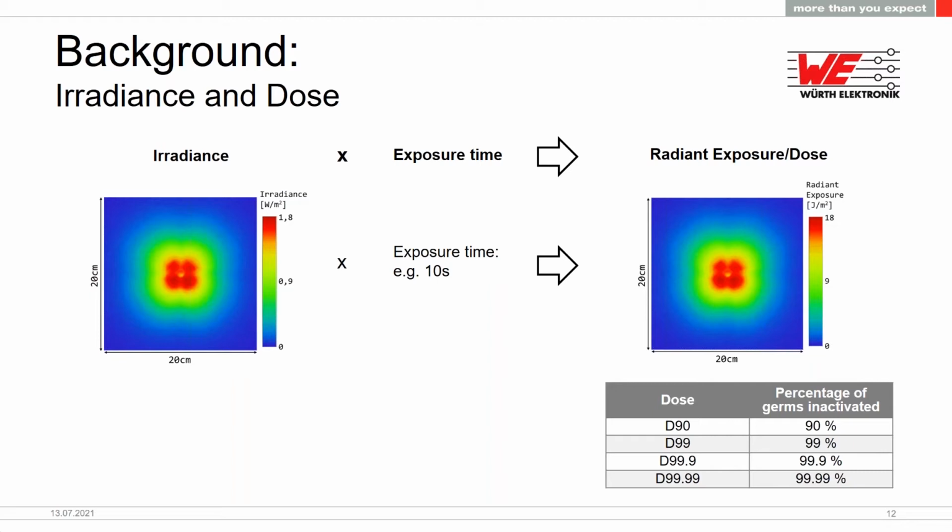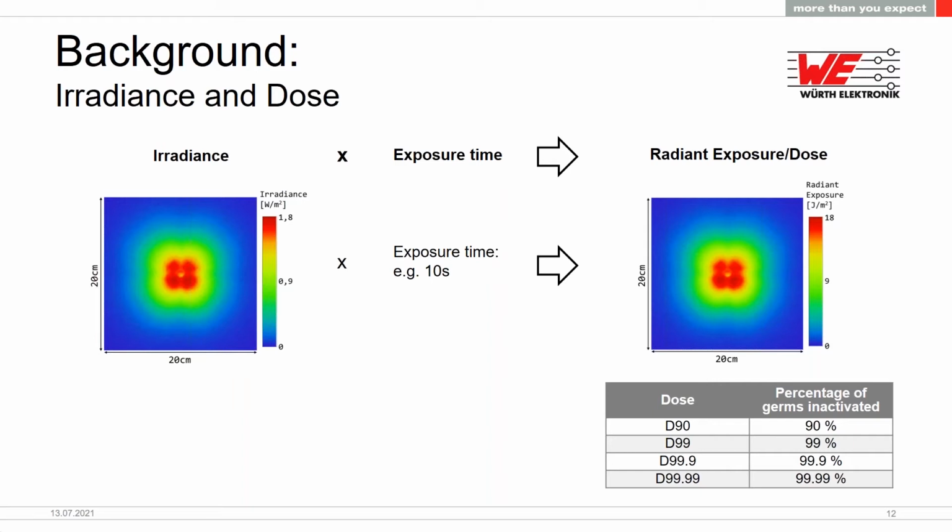And after you achieve this amount of radiant exposure, you get a certain percentage of germ inactivation. So for example, you want 90% of your germs inactivated. Then you have to apply the D90 dose to your surface.